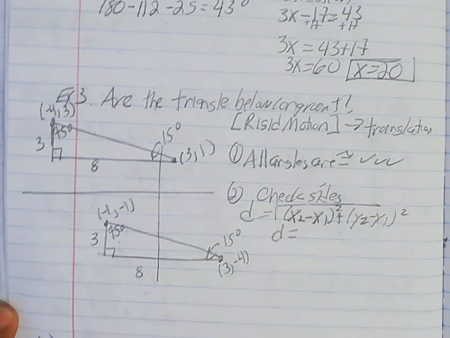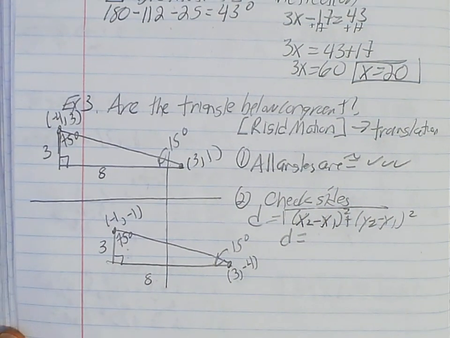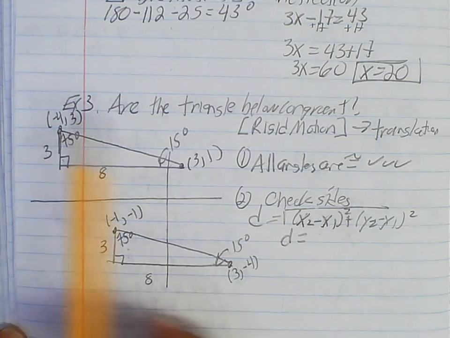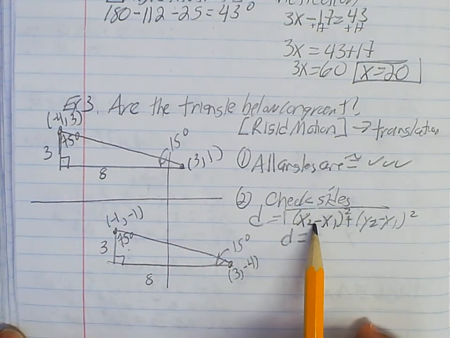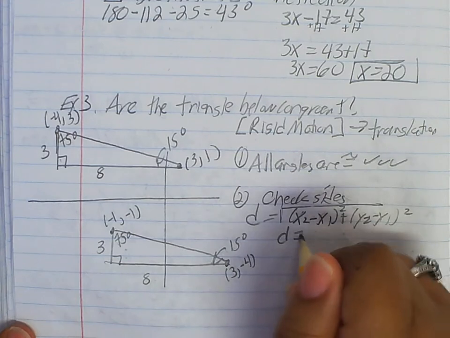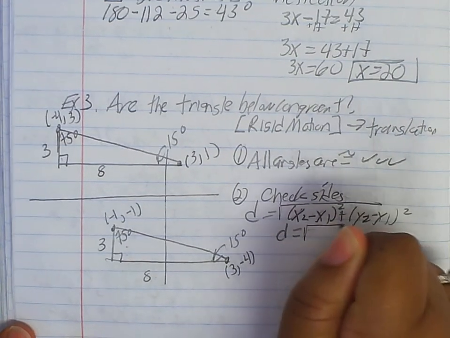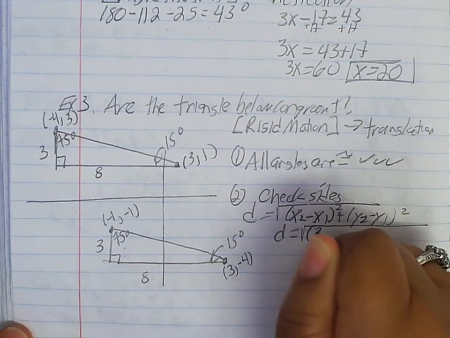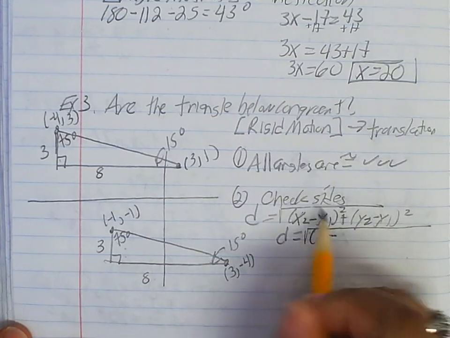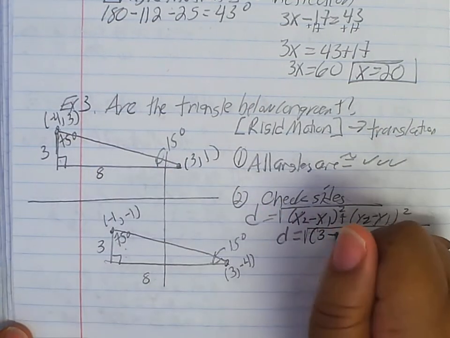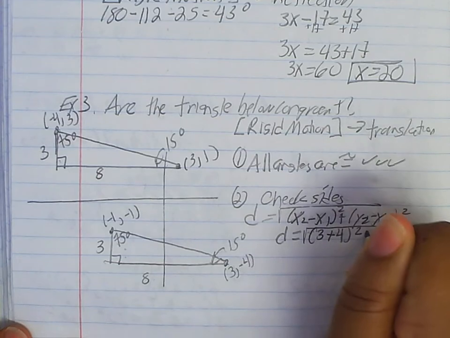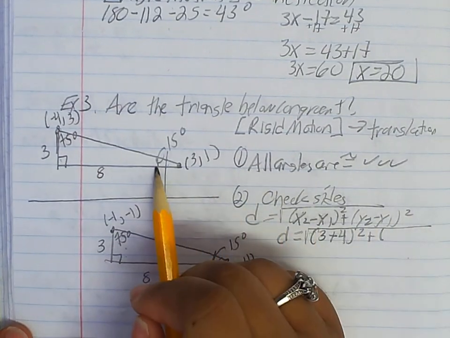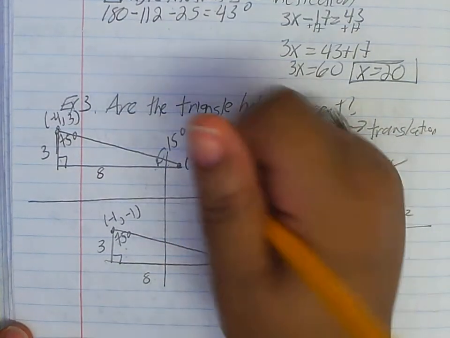All right, so let's do the top one first. So we're going to take our x2 value, which is 3. Let me get my radical. So 3 minus, and then my x1, which is -4. A negative turns into a positive. Then I go to my y2 value, which we can label.